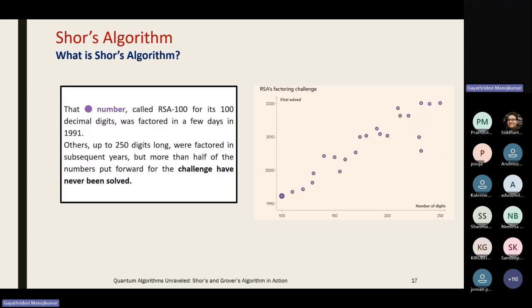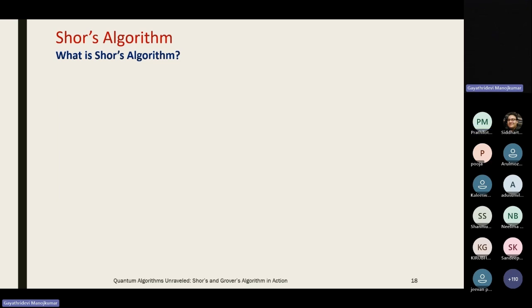When this competition was launched, for RSA-100, that is a 100-digit decimal number, a few people gave the solution in 1991. And for the 250-digit one, some people gave solutions in the 2000s. So it takes a long duration to answer the RSA factoring challenges with the help of classical computers.